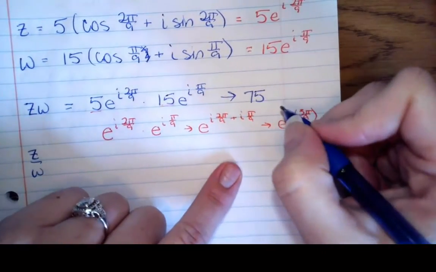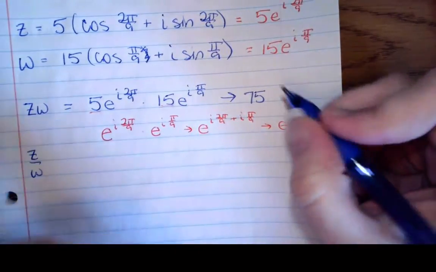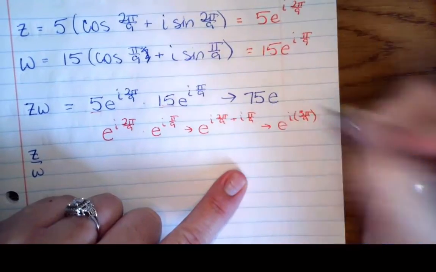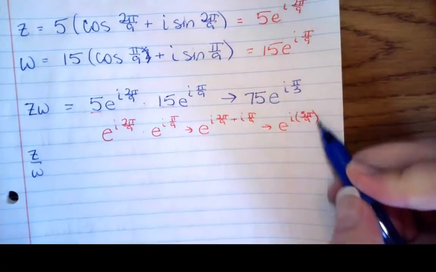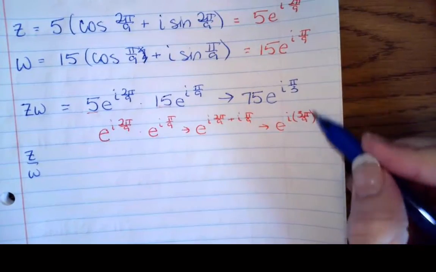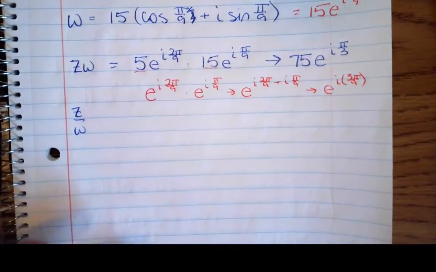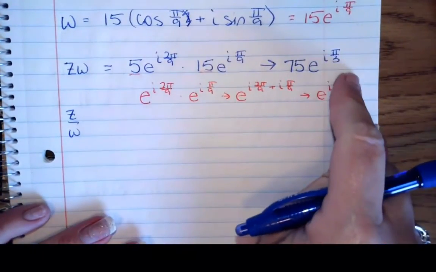So I end up with 75e^(iπ/3), because that reduces. Now I know what z times w is in exponential form.